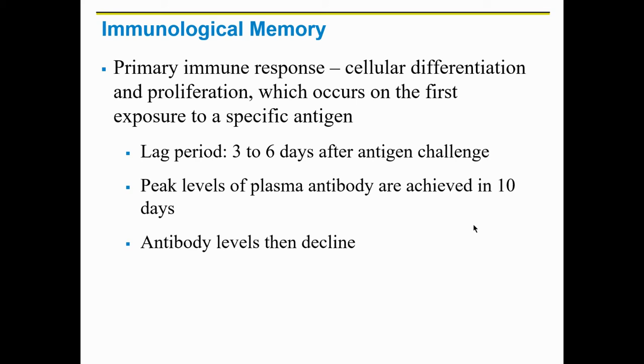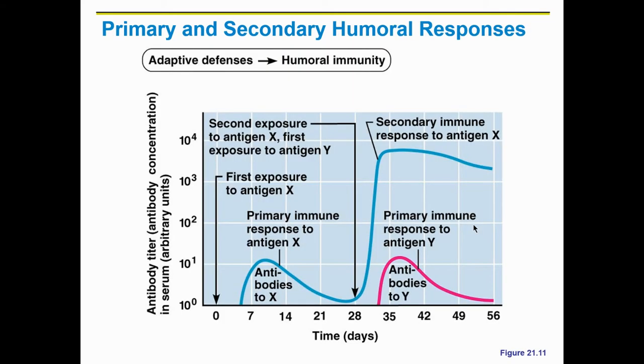It's usually about a week, 3 to 7 days, something like that. And then it has to ramp up. And so we don't reach maximum antibody production until about 10 days later. And then antibody levels level off and finally they decline. And so if you look at it, it looks like this blue line.